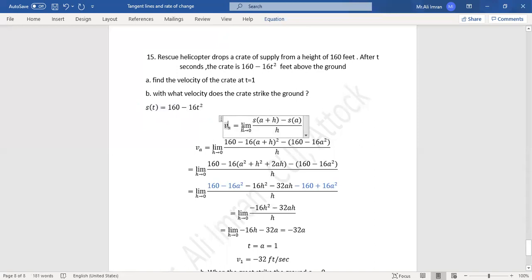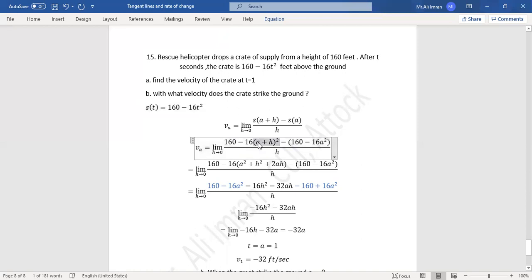Velocity at point A is equal to limit h approaches 0, s of a plus h minus s of a divided by h. Putting a plus h in this formula, we will get 160 minus 16 a plus h square minus 160 minus 16 a square.